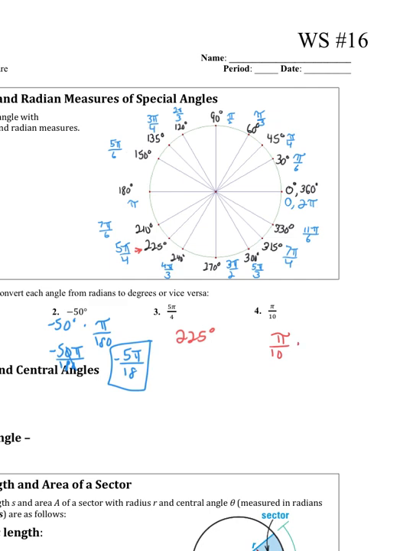Unfortunately, we don't have one of those. So we have to use the conversion method we talked about yesterday, and we're going to multiply by 180 over pi. And I get 180 over 10, because the pi's go away, and 180 divided by 10 is 18. So pi over 10 is the same as 18 degrees. All right. And that's the idea for this problem here.